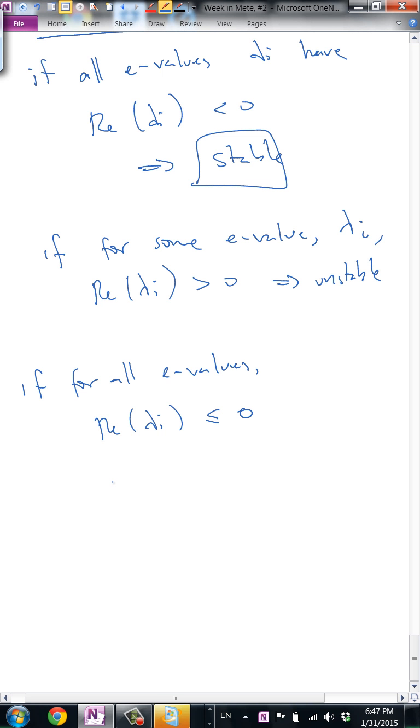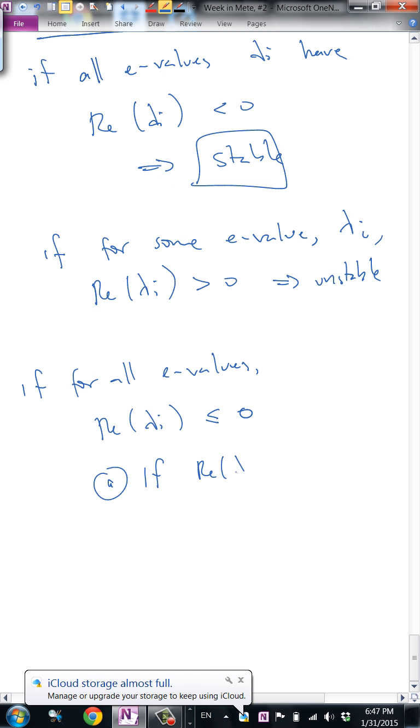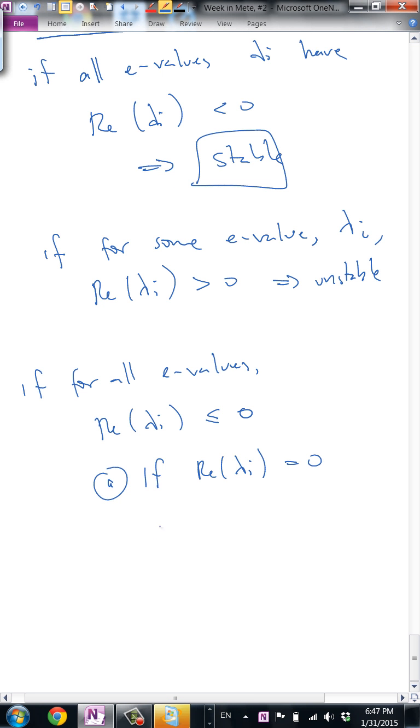We have two cases. Case A is if the real part of lambda i is equal to 0, and the Jordan block Ji that contains this eigenvalue is 1 by 1, then the system is marginally or neutrally stable.